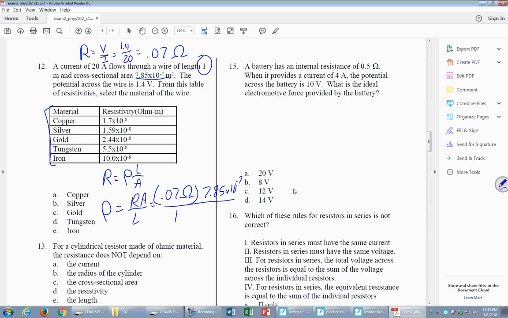The length is 1 meter. That gives about 5 times 10 to the minus 8. That's tungsten. So the answer is D.